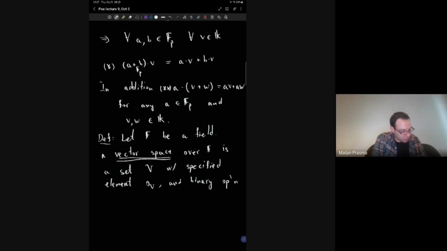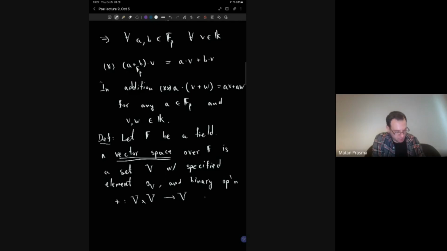I have actually two. So one binary operation is plus. This goes from the Cartesian product of V with itself to V. So it means you can take two vectors and add them together.